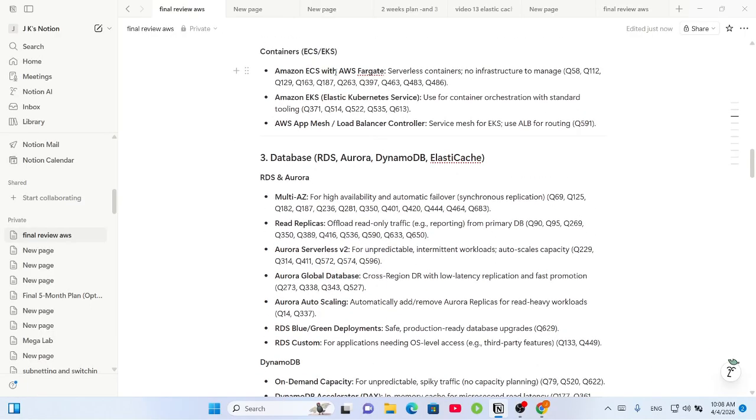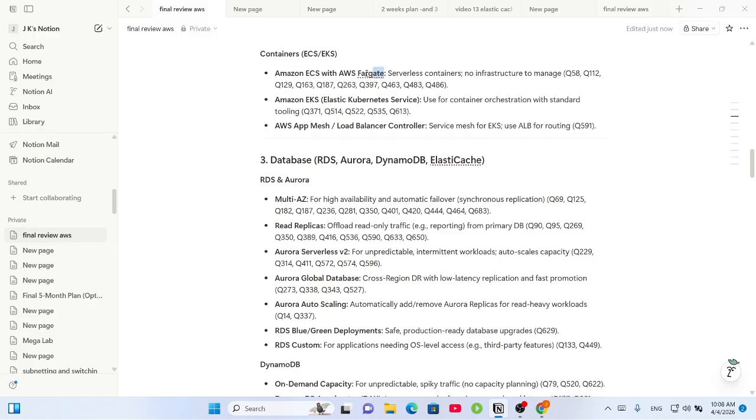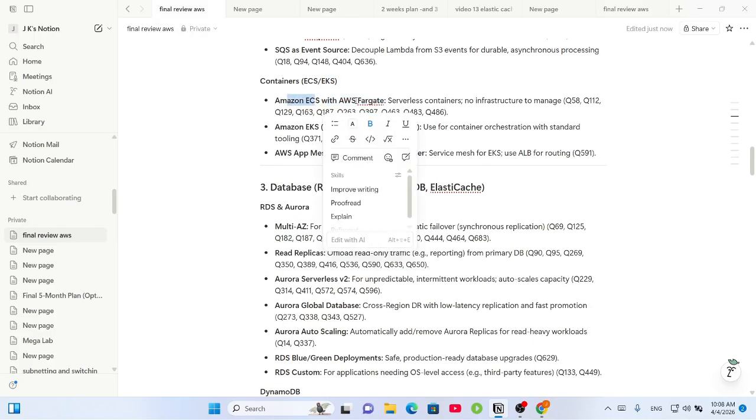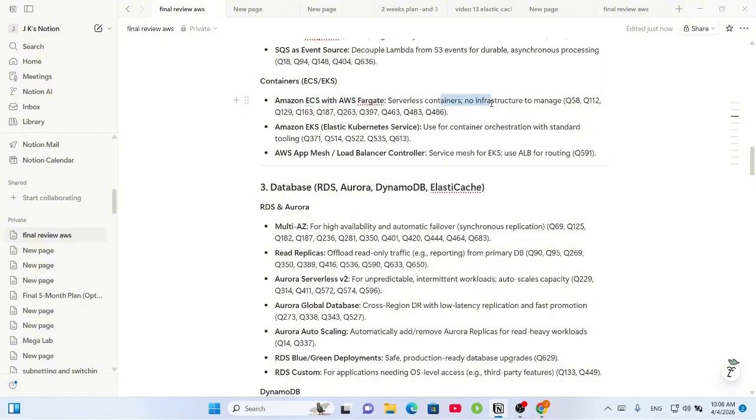We have Amazon ECS with AWS Fargate. We've talked about this. This is serverless containers, no infrastructure to manage. This actually speeds things up. We don't need to use EC2 instances in this case. We don't need to put servers, so we don't need to manage anything basically. It simplifies our job for us.